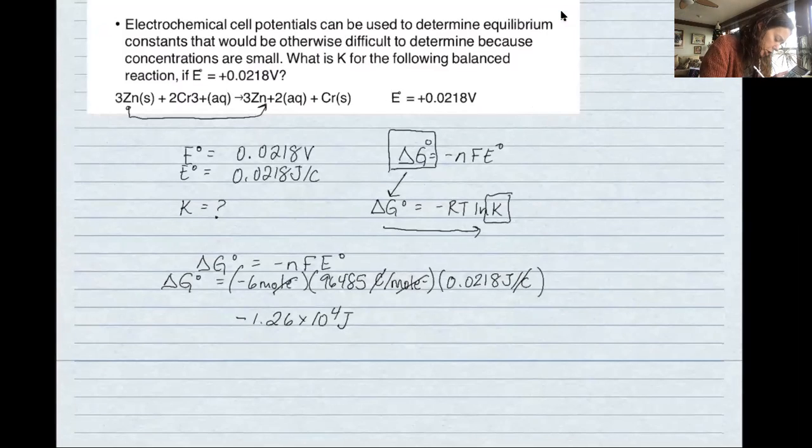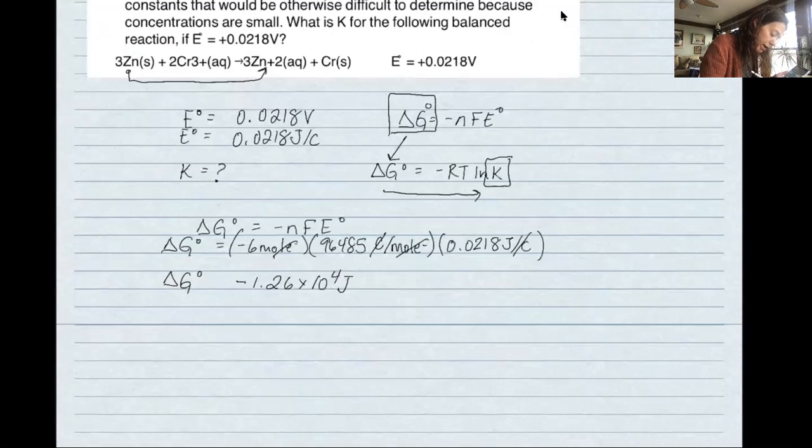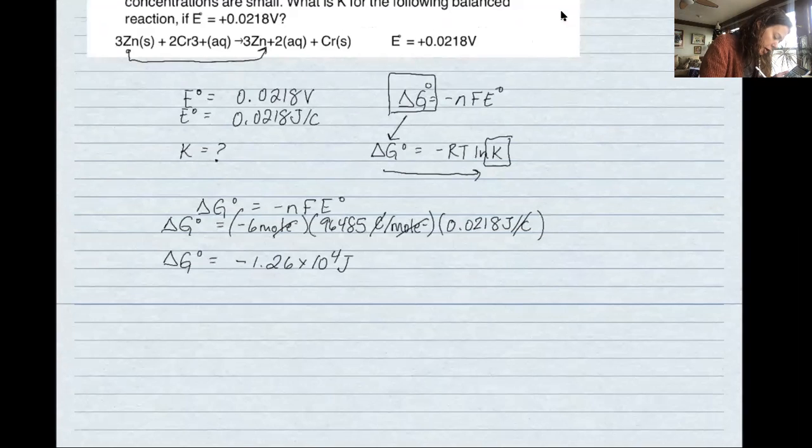That is delta G. We need K. So now we know delta G equals negative RT ln K. Remember that R here is 8.314 joules per mole Kelvin.